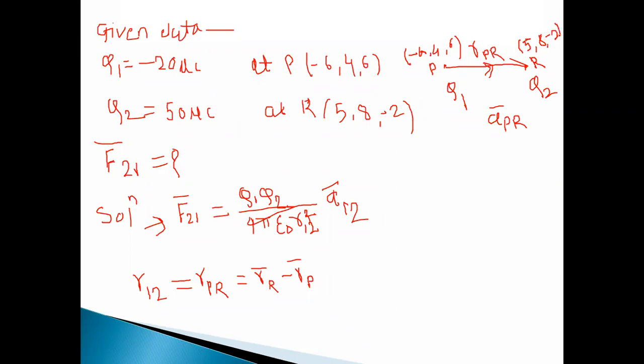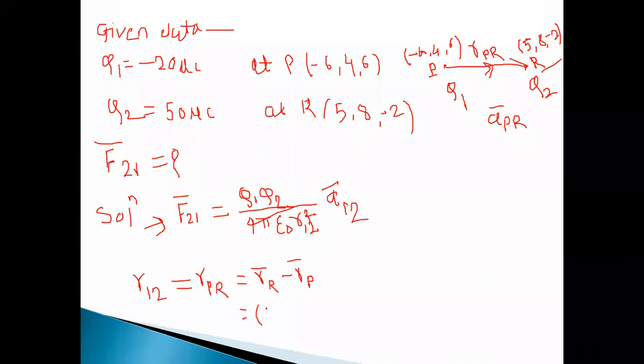How are we finding distance? End point minus start point. R is the end point and the start point is P. Therefore, this R12, from charge Q1 to Q2, is nothing but from point P to R. So this distance is given as R P R, which is end point minus start point, so it is r bar R minus r bar P. Now just tell me that equation.